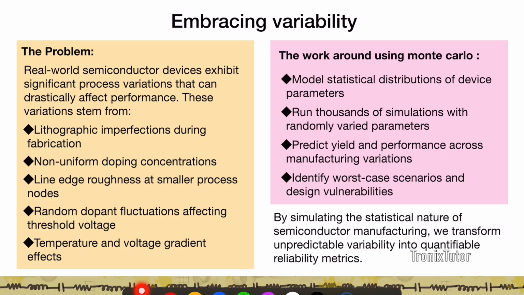And so we're simulating the statistical nature. Instead of a very definitive model, we're throwing a statistical feature into the model which simulates the manufacturing process, and we can transform unpredictable variability into quantifiable metrics. Again, remember that as the process matures, these models become more and more predictive.